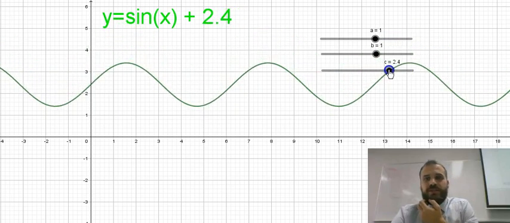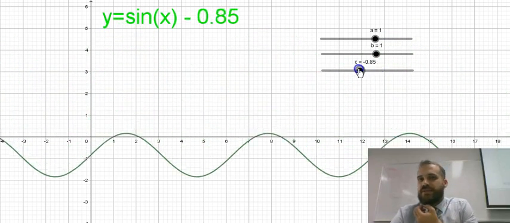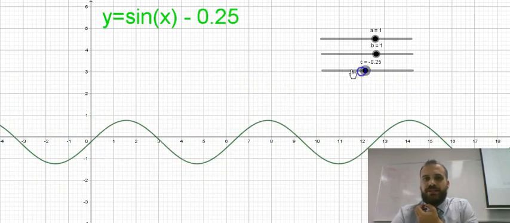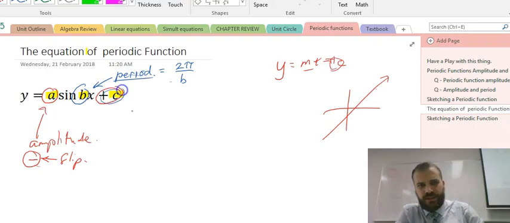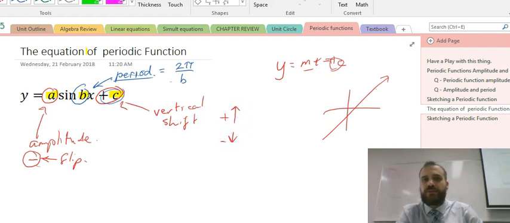It moves up if the c value is positive, moves down if the c value is negative. Okay, so the c is going to handle our vertical shift. And it does exactly what you'd expect it to. Positive, it goes up, and negative, it goes down.